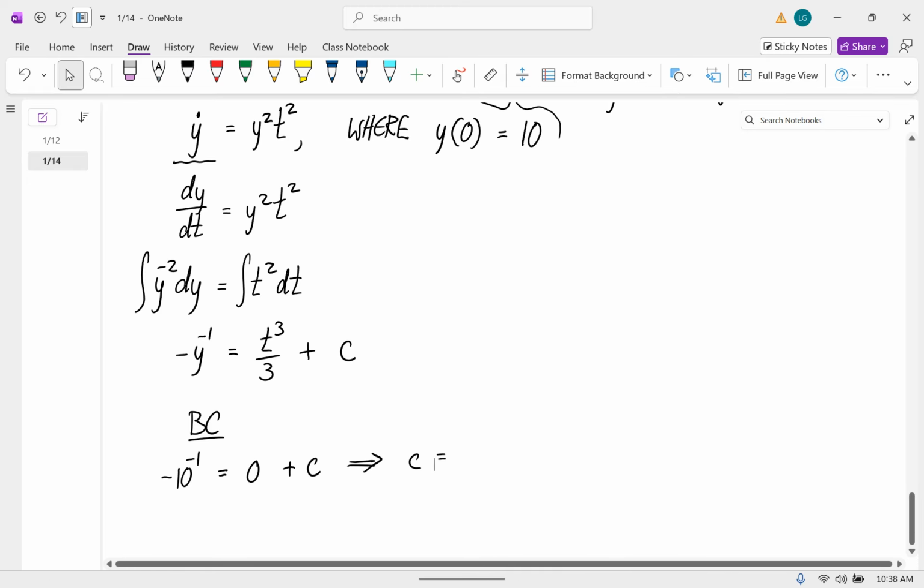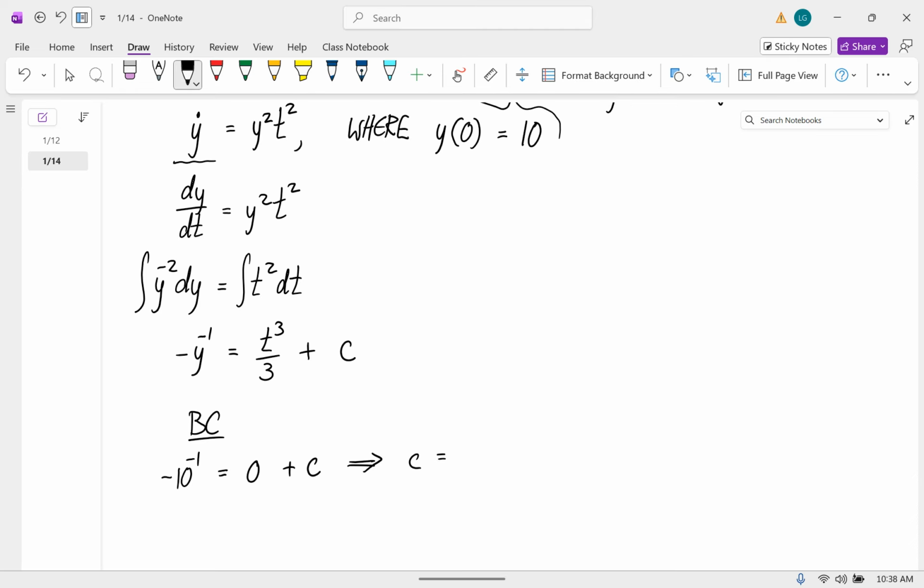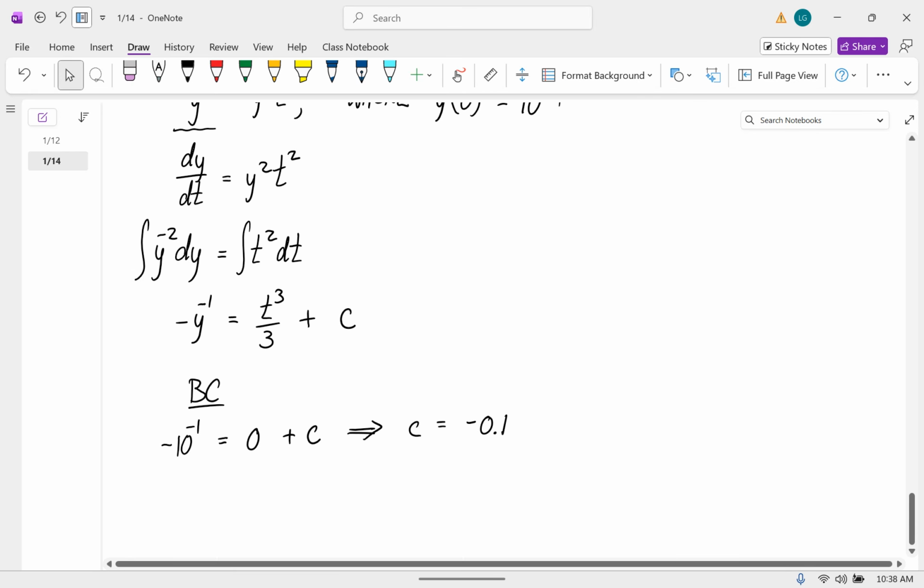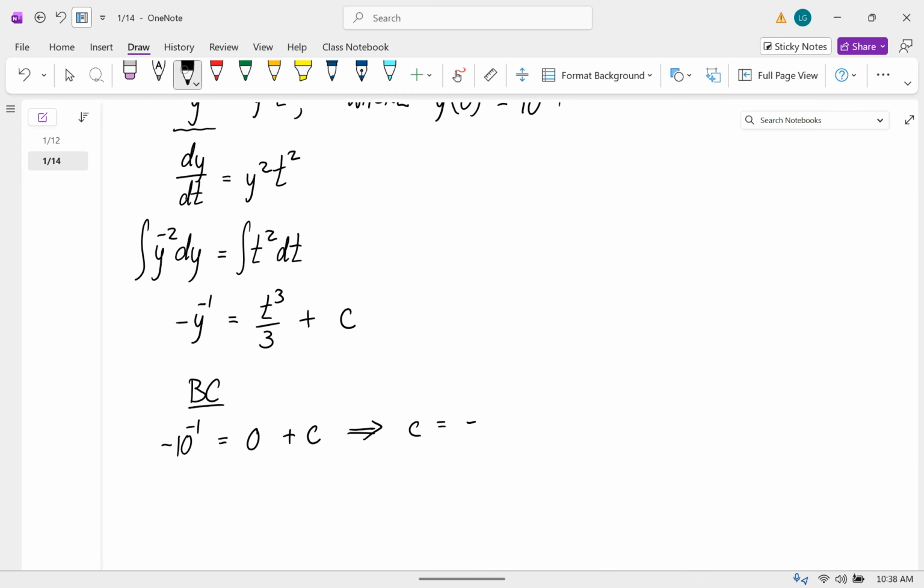It's very lazy. So this negative 10 to the negative 1 is negative 0.1. And now I can plug that into this expression. Well, maybe I'll do it all as fractions. So I'll write this as negative 1 over 10.